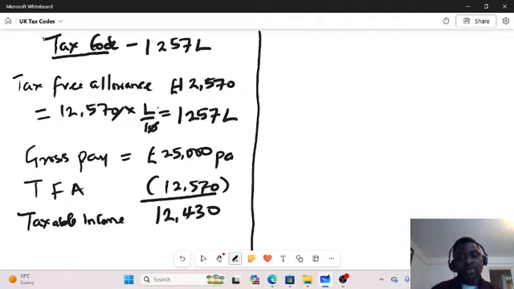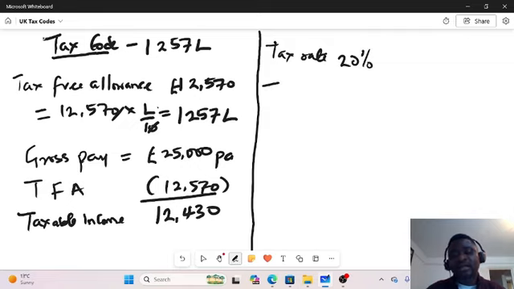What HMRC will now expect your employer to do is apply your tax rate. I'll do another video to explain the different tax rates, but the basic tax rate in the UK is 20%. So that tax rate will be applied.